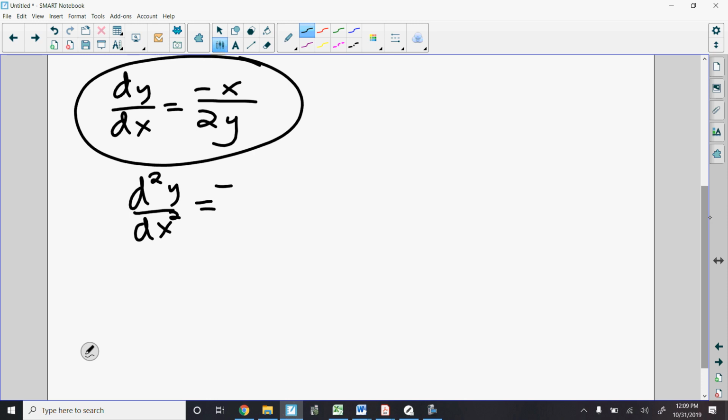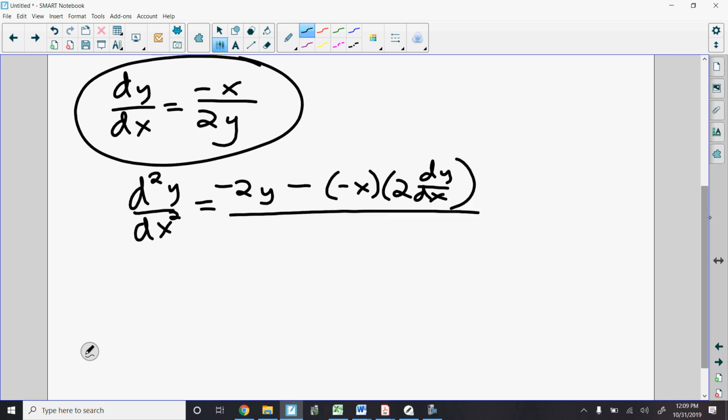Negative 1 times 2y is negative 2y. Minus the top, which is negative x, times the derivative of the bottom, which is 2 dy/dx. All divided by the bottom function in parentheses squared.